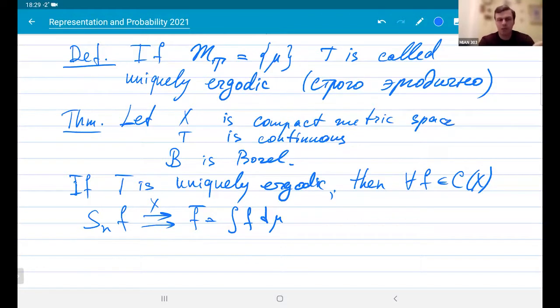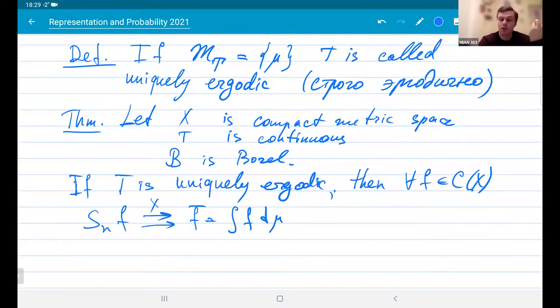It is not too difficult, and the idea is the following. It is more or less parallel to what we have done before when we showed that every continuous map of a compact metric space has an invariant measure. If you recall that proof, it says the following.